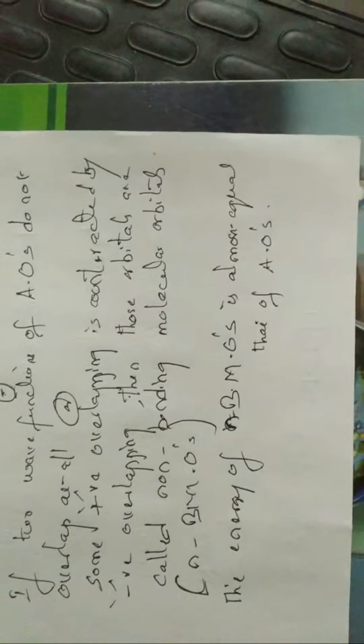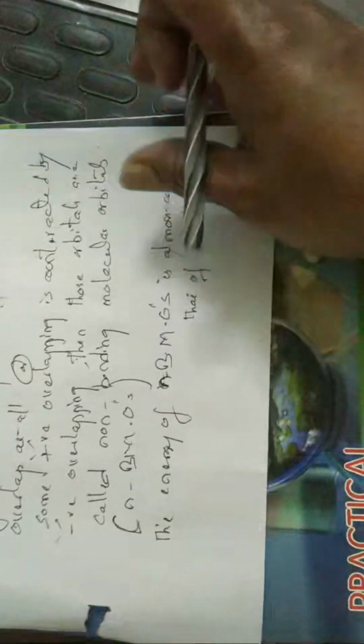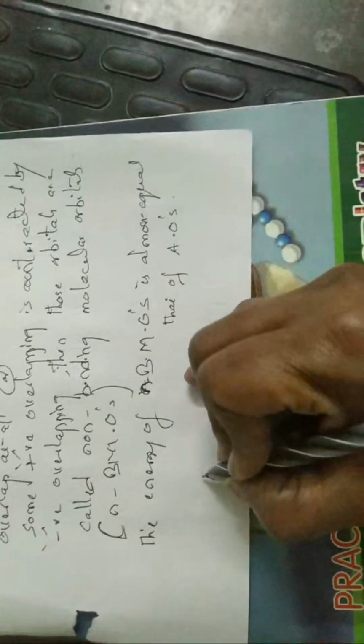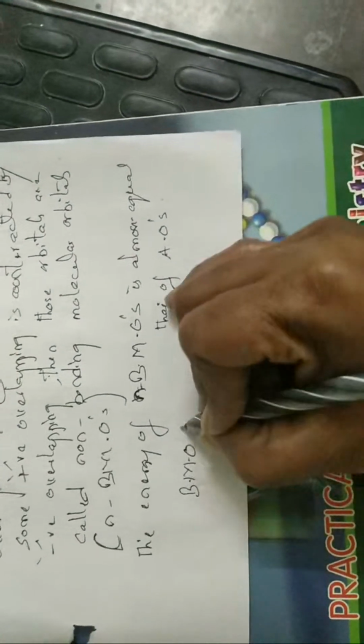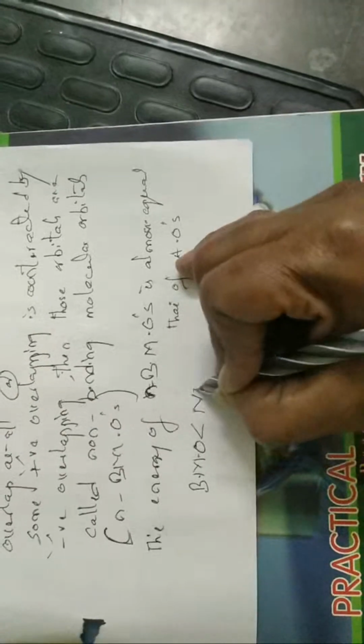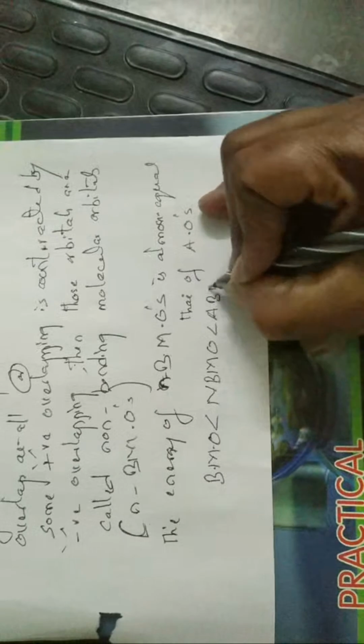So how do we represent the energies? Bonding molecular orbital is less than non-bonding molecular orbital, which is less than antibonding molecular orbital.